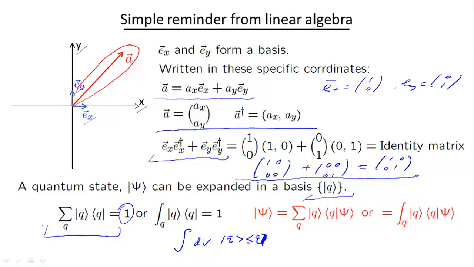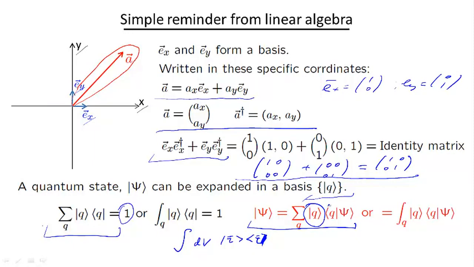Another thing I want to mention here is that what a basis really means is that any vector in a linear vector space can be represented as a linear combination of the basis vectors. Just like here, I represented my vector A as a linear combination of e_x and e_y. So the fact that I have a basis here implies that I can represent my wave function or my state vector as a linear combination of these q's.